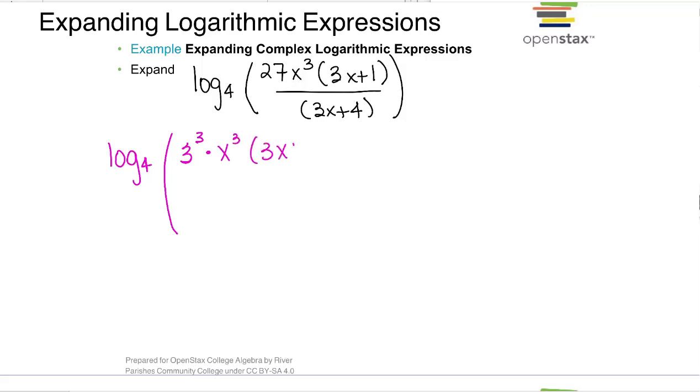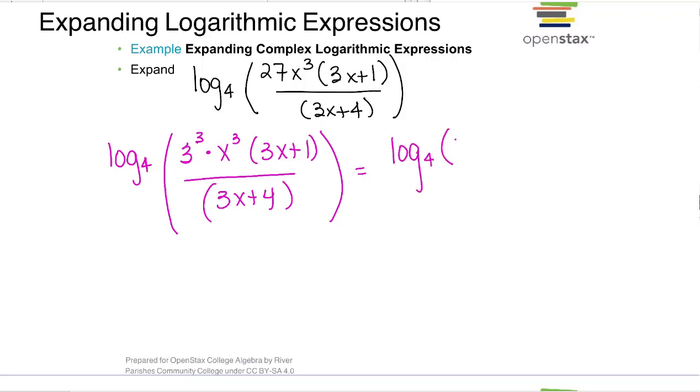So I'm just going to rewrite that first. All right, so now I can write this as log base 4 of 3 to the third times x to the third times 3x plus 1 minus log base 4 of 3x minus 4.